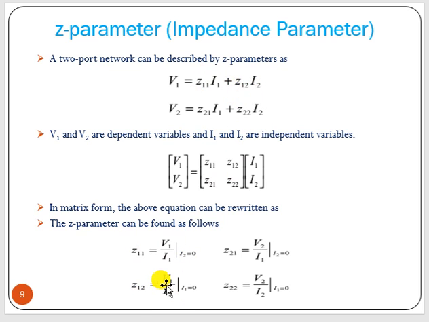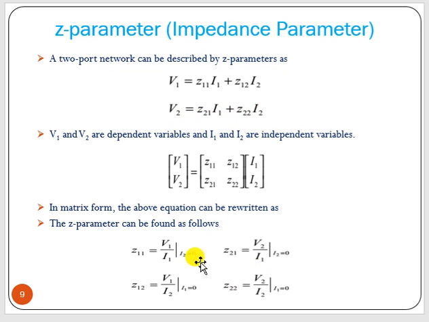Z12 equals V1 by I2 when I1 equals 0, and Z22 equals V2 by I2 when I1 equals 0.